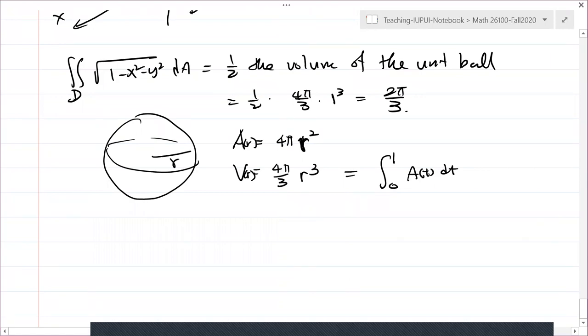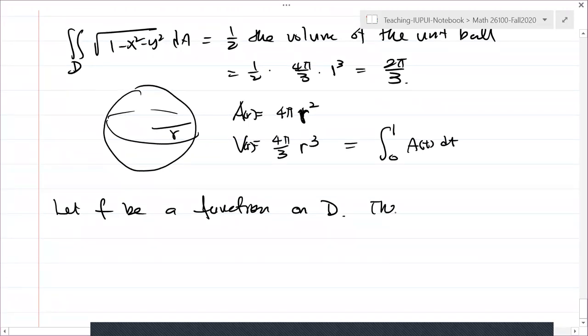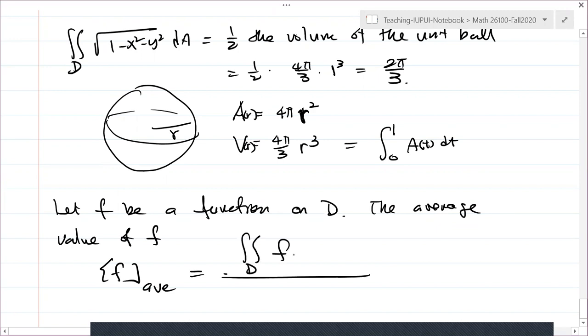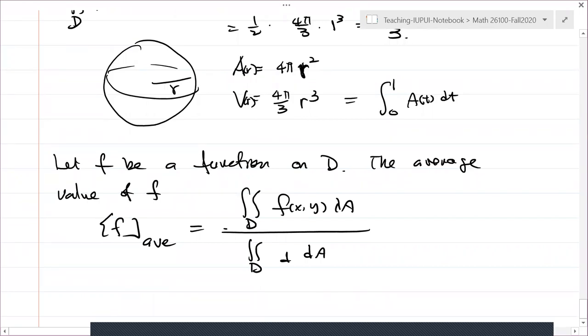Let f be a function on a domain D. Then the average value, by definition, we use the notation AV, is defined as the double integral of the function divided by the double integral of the constant function 1, which is just the area of that domain.